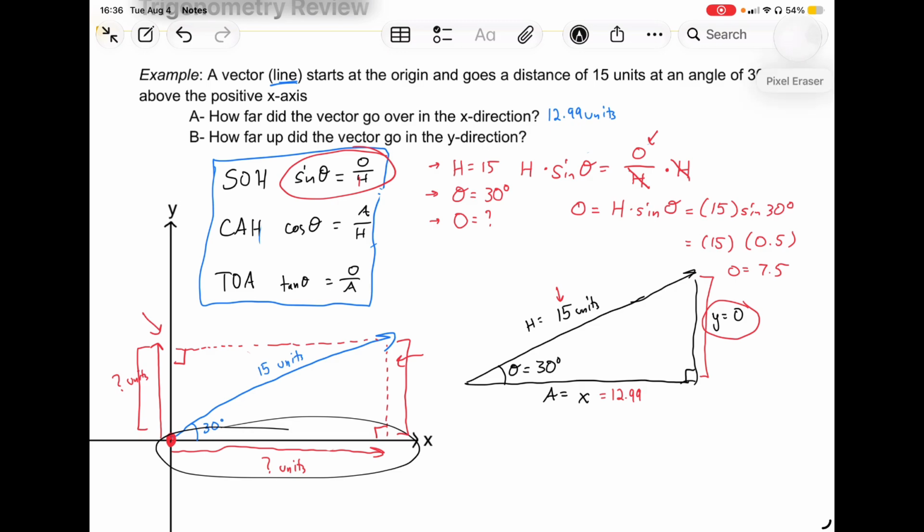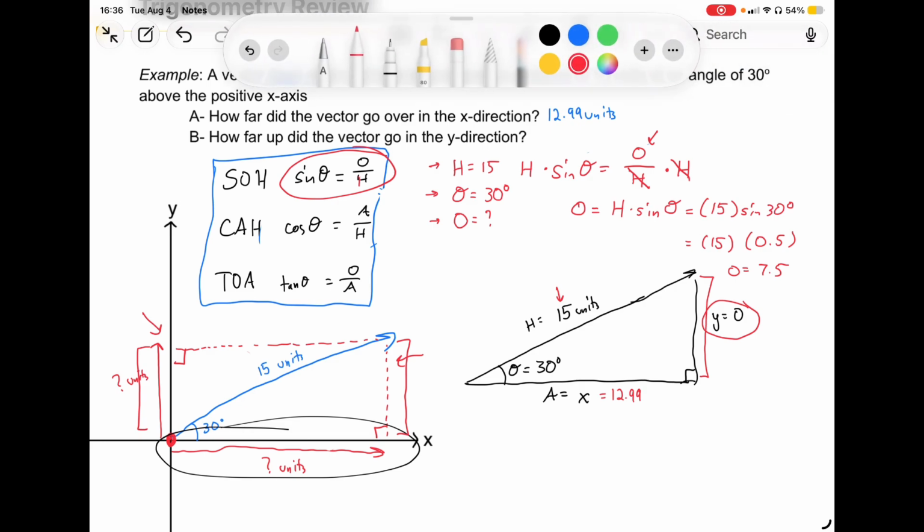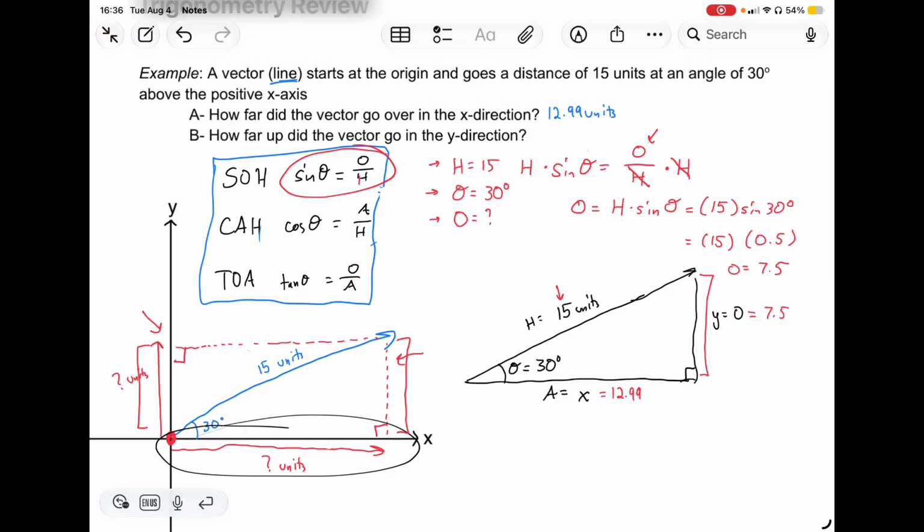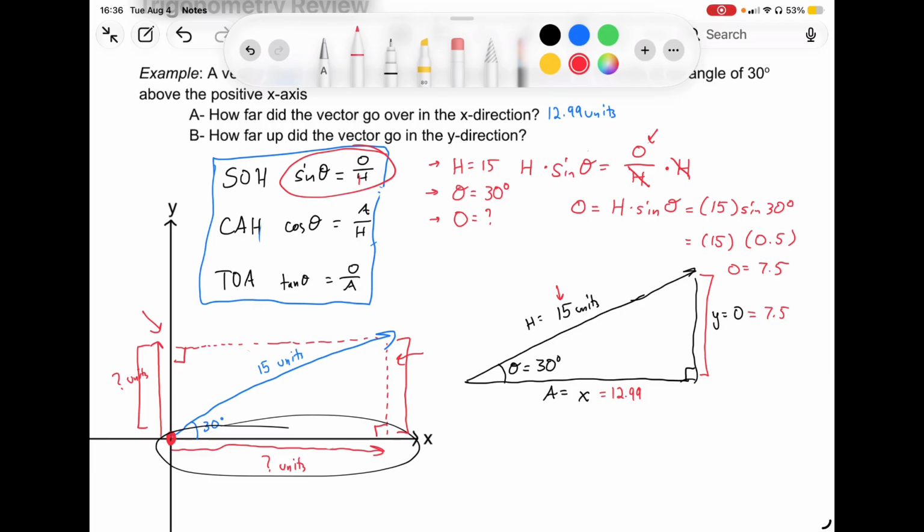So this guy over here, our opposite side, or our y side, equals 7.5, and that's just generic units again, because we didn't use any specific metric or imperial units here.